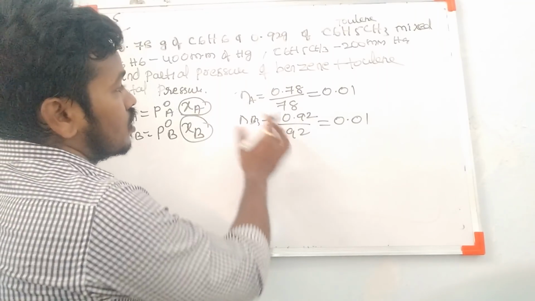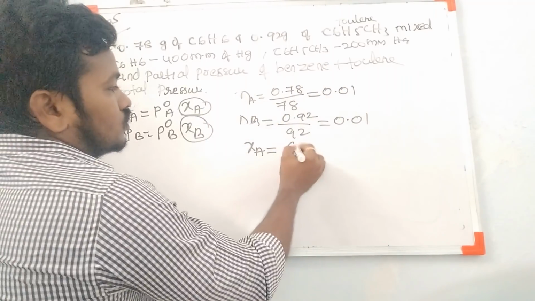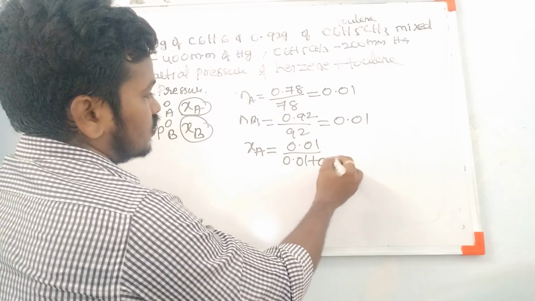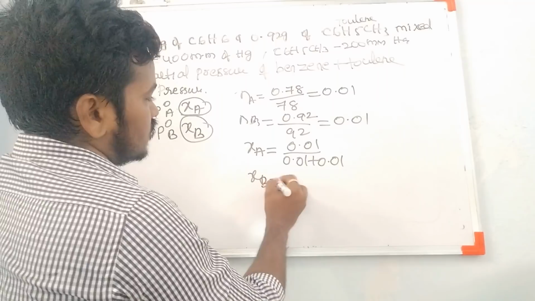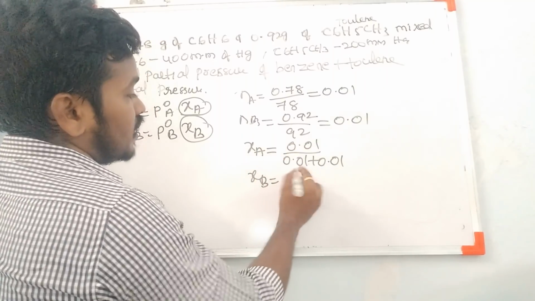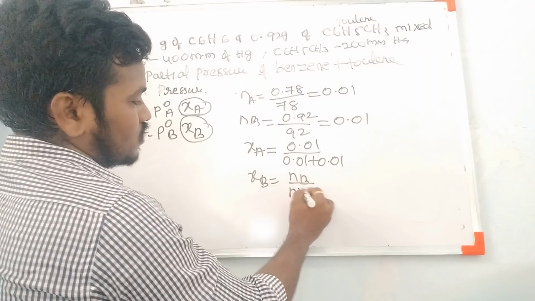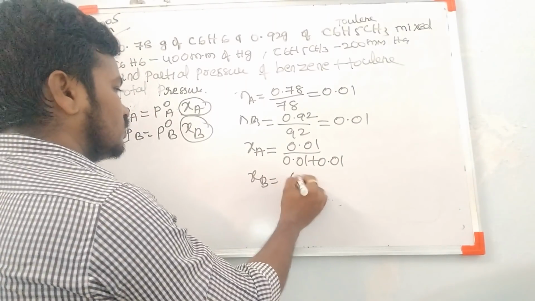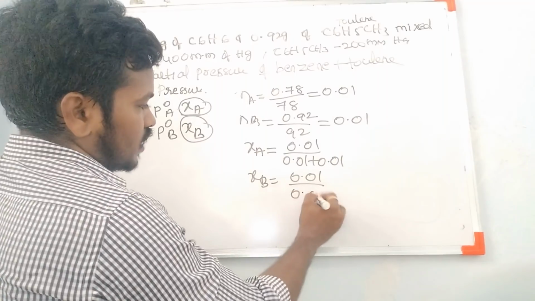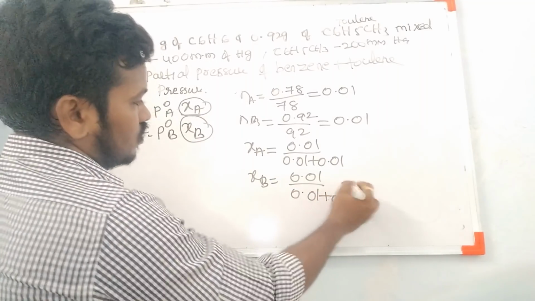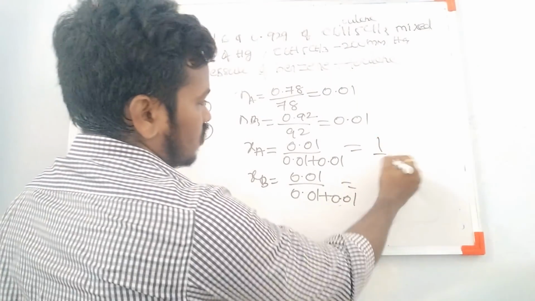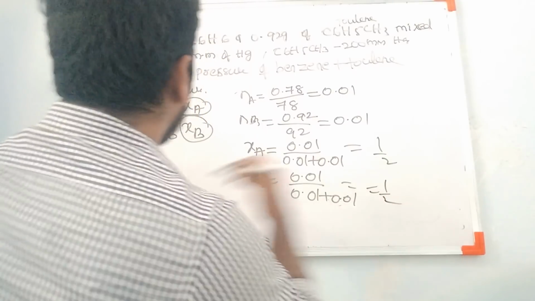XA is equal to 0.01 by 0.01 plus 0.01, that is Na over Na plus Nb. So we get 1 by 2 for both: XA is 1 by 2 and XB is 1 by 2. Now just substitute the values.